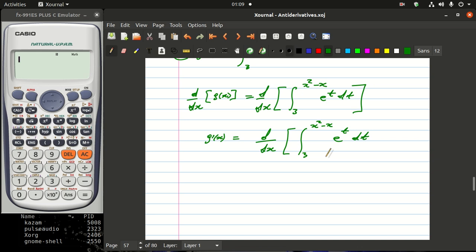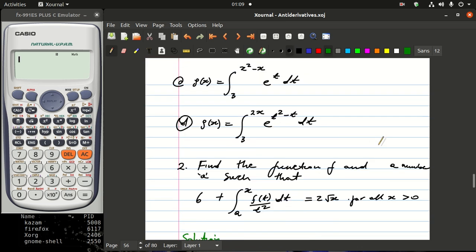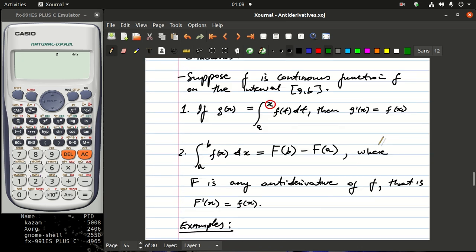Now, of course, I have to close this side. What is the fundamental theorem saying? The fundamental theorem is saying that whenever you have an x sitting alone here, all you need to do when you want to find the derivative is take that x and plug it in there. So if this x is alone, that's when you plug it inside here.